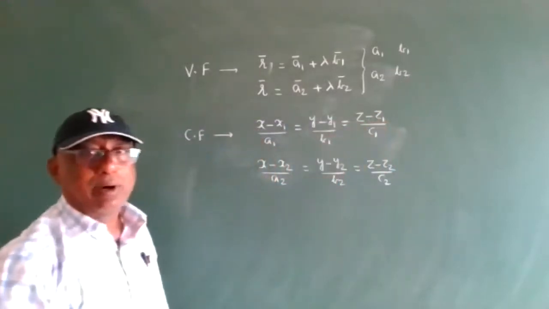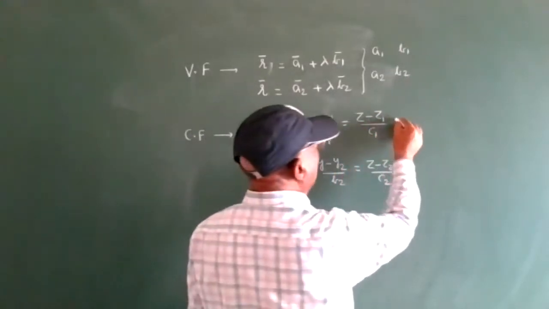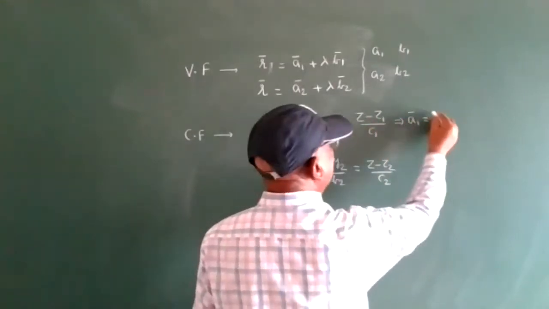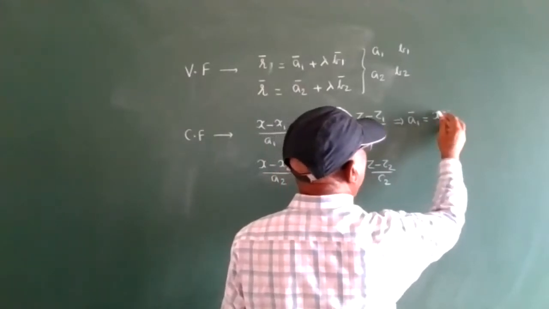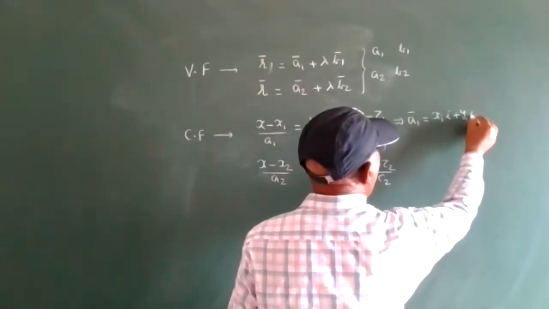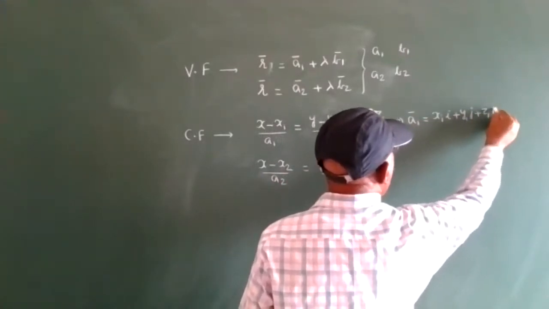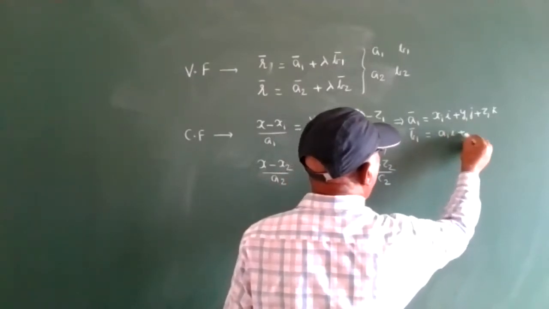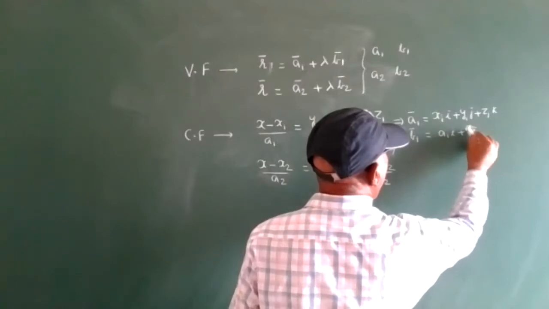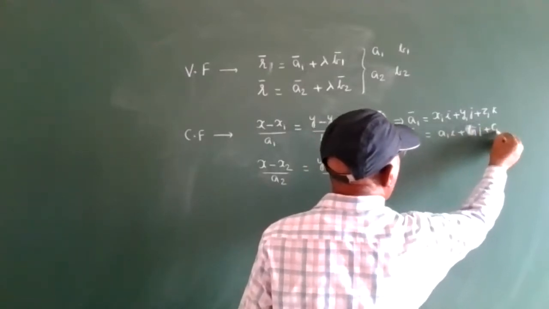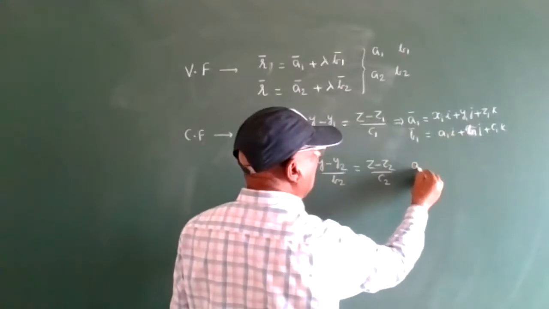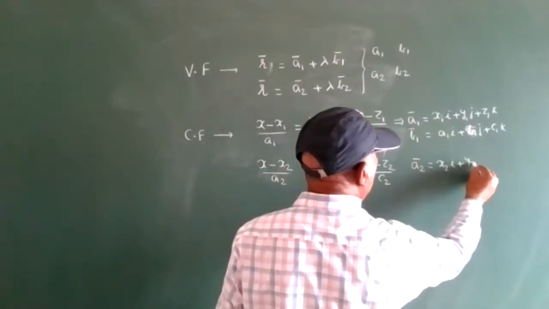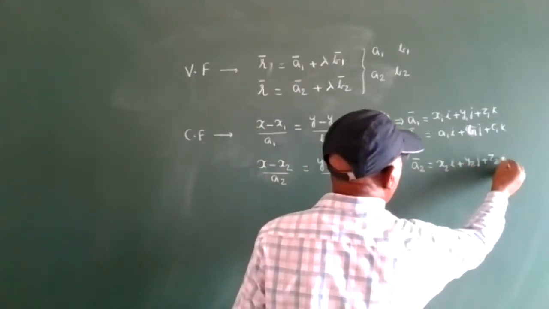Here A1 bar is equal to x1i plus y1j plus z1k. B1 bar is equal to a1i plus b1j plus c1k. A2 bar is equal to x2i plus y2j plus z2k.